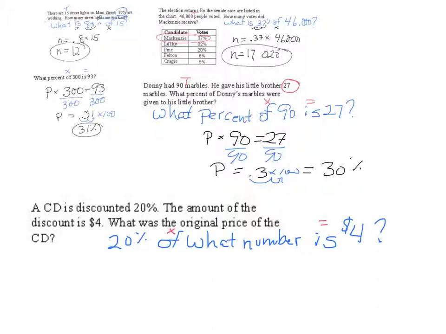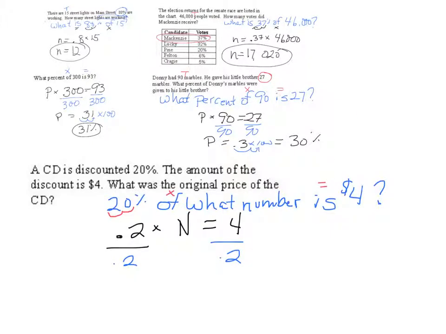Now we can write our equation. I want to change 20% to a decimal, so divide by 100. So I've got 0.2, of means times, what number, is means equals $4. So I'm going to divide both sides by 0.2, and I get N equals $20.